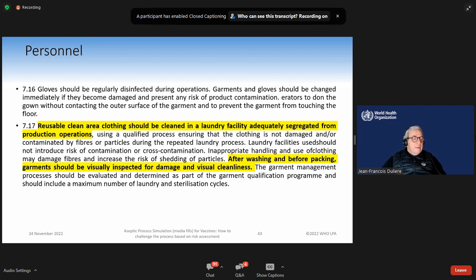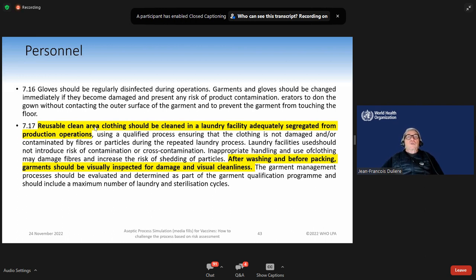But in many companies as well, they have their own laundry, and the laundry has to be segregated from the production operation, but it can be connected to the production area to avoid transportation or things like that.